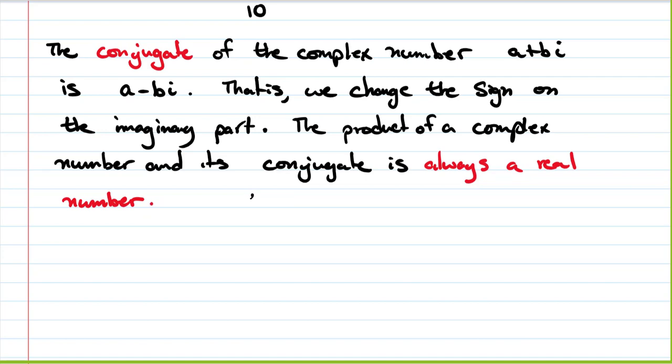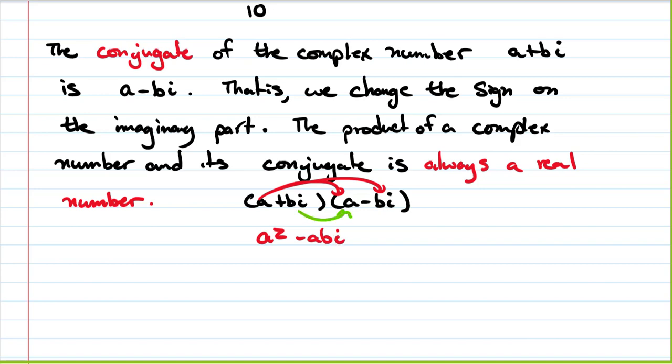So if we look at that, if we had a plus bi, its conjugate would be a minus bi. And if we were to distribute this out, we would distribute our a into our parentheses. a times a is a squared. a times negative bi is negative abi. And then if we distribute the bi in, bi times a is positive abi. And bi times negative bi is negative b squared i squared.